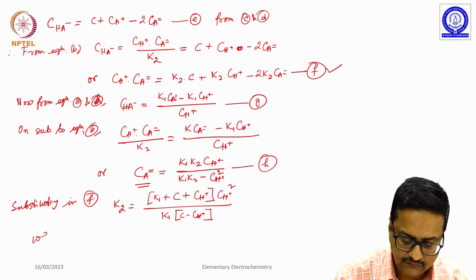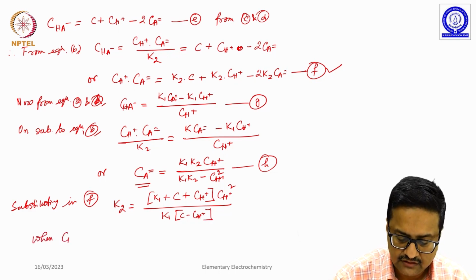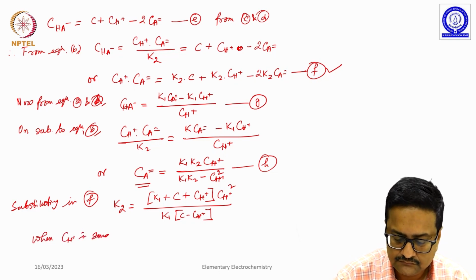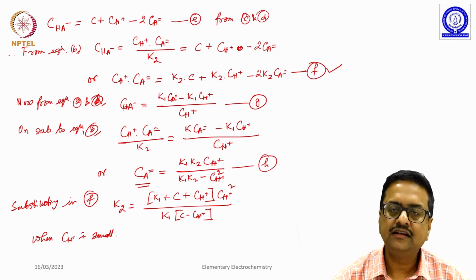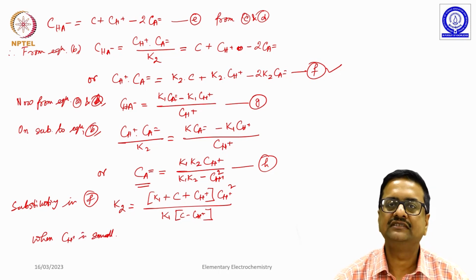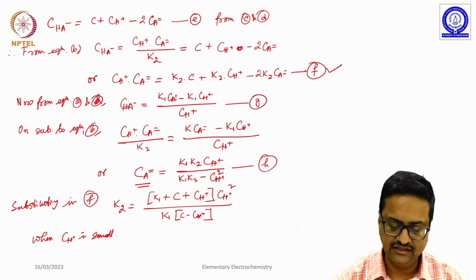Now, when CH plus is small, remember that this solution is a very dilute solution and it is a weak dibasic acid, so it dissociates very little.